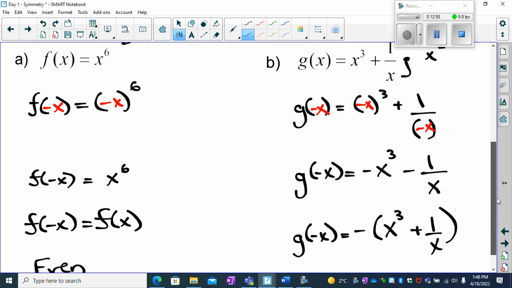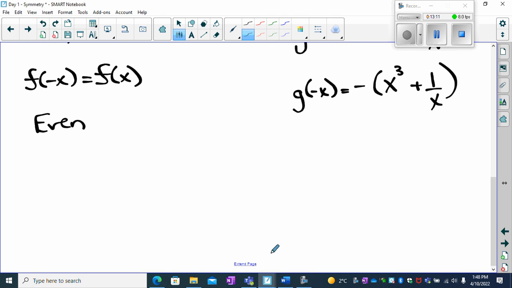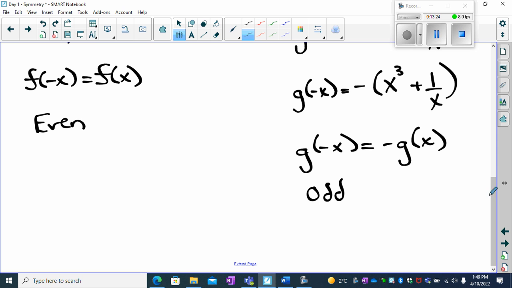And now I think you might be able to see that g at negative x is equal to negative 1 times g at x. Look at x cubed plus 1 over x. That's what g at x is. So since g at negative x equals negative 1 times g at x, we would say that this function is odd.